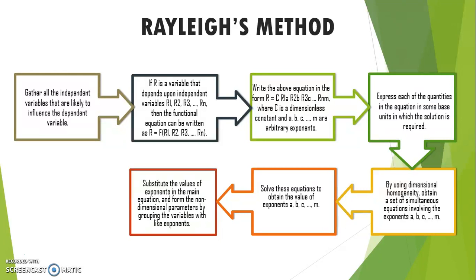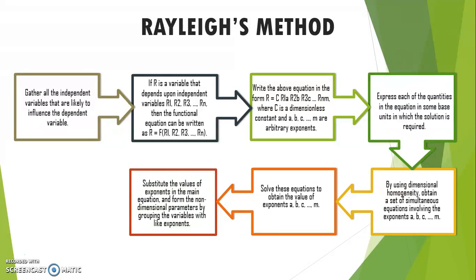Then write an equation in the form R equals C times R1^a times R2^b times R3^c times ... Rn^m, where C is a dimensionless constant and a, b, c, m are arbitrary exponents.